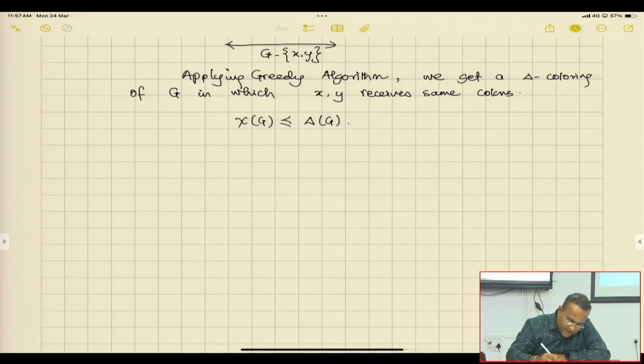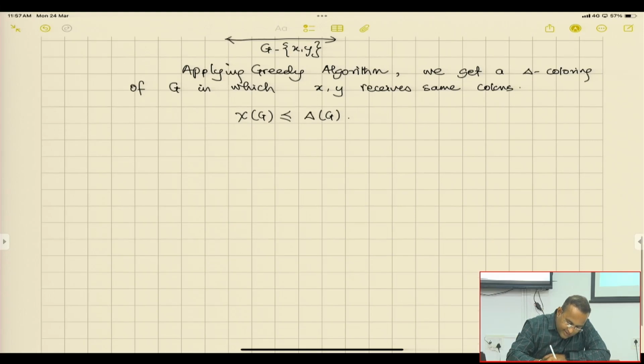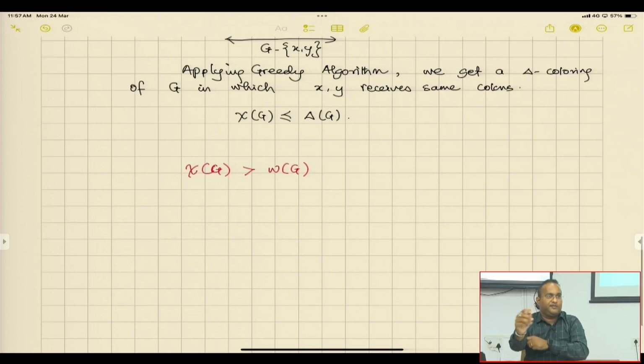Okay, let us come back to that bound. Chi of G is at least omega of G, right? We have examples in which chi G is more than omega G, right?